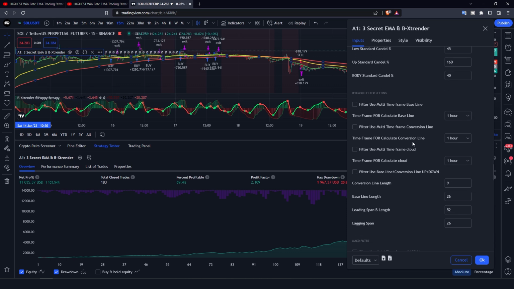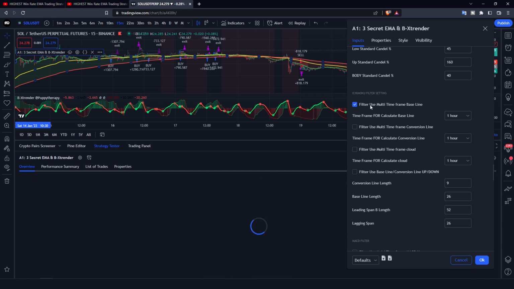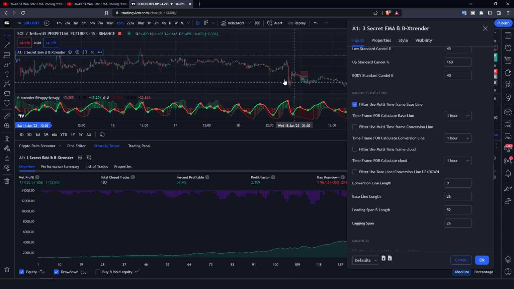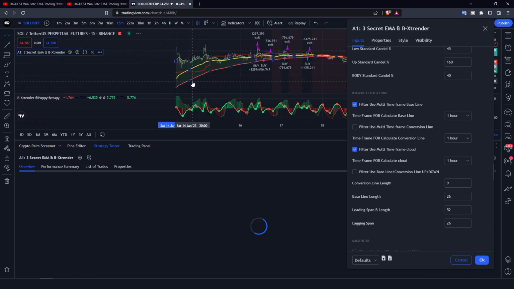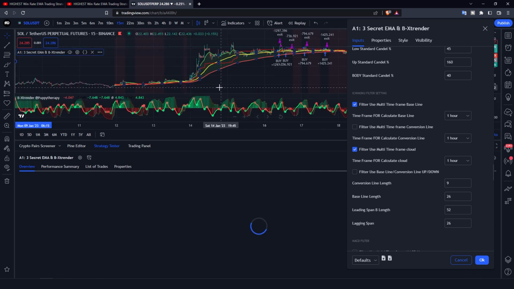Okay, the next section I'm gonna show you is about multi-time frame of Ichimoku, multi-time frame of baseline, and whatever you choose, it goes into the diagram. Okay, and you can see the changes on the chart, and you can see this immediately on the diagram.